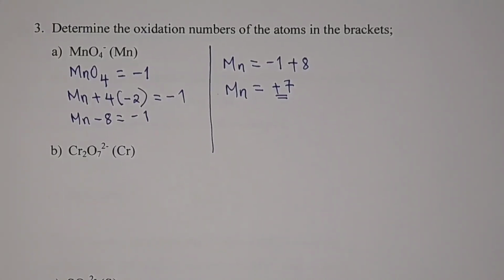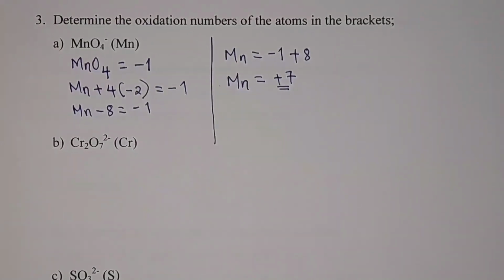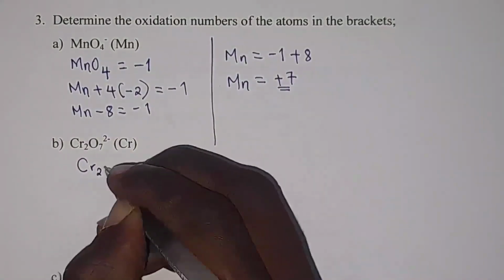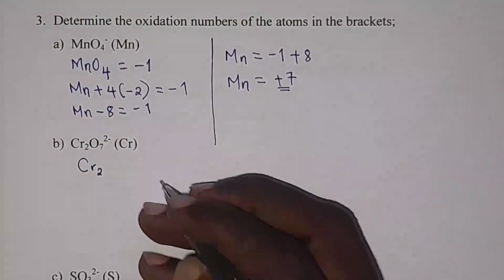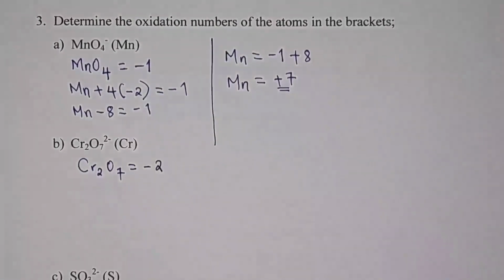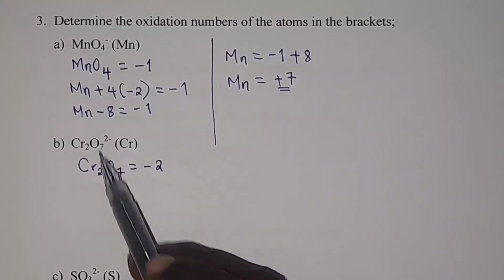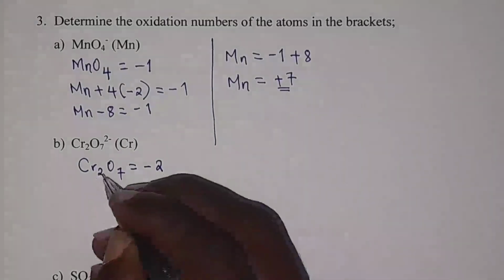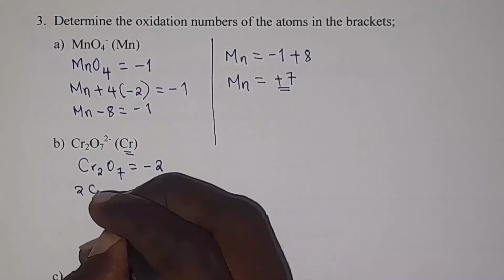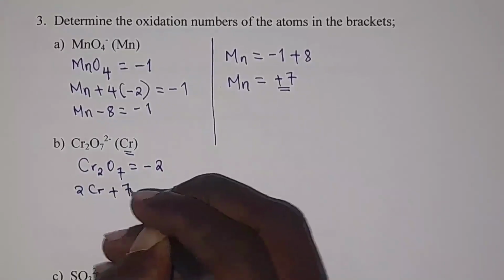So for B, we are having that ion. We are going to do the same. We are going to have Cr2O7 will be equal to -2. Because here we have -2, the overall charge. So we are told to look for the oxidation number of Cr. So we are going to say 2 of Cr plus 7 in bracket.